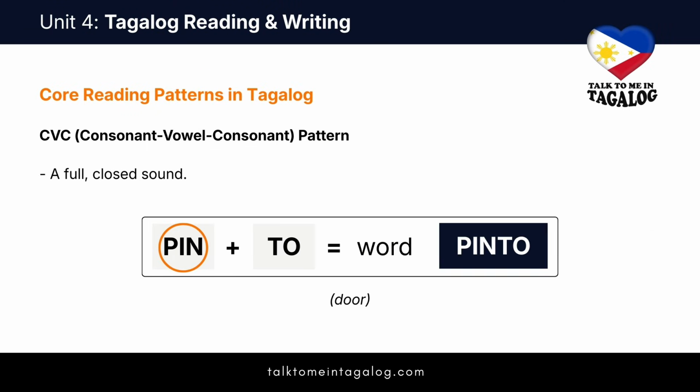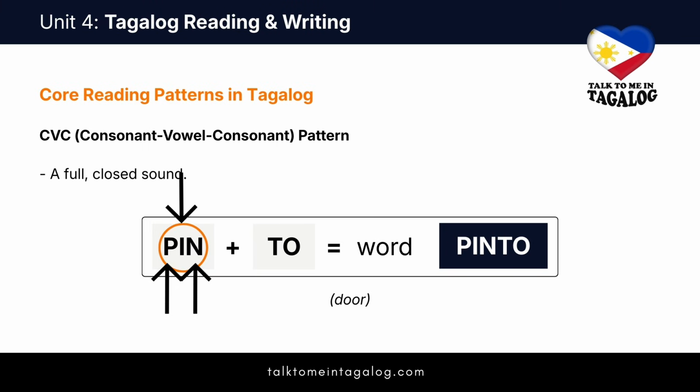Now that you practiced the V, CV, and VC patterns, let's learn another common pattern in Tagalog, the CVC, or consonant-vowel-consonant. This structure gives words a full closed sound, which makes them feel complete when you say them. A CVC syllable starts with a consonant, followed by a vowel, and ends with another consonant.